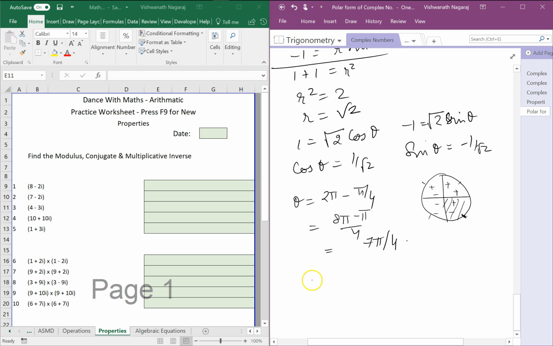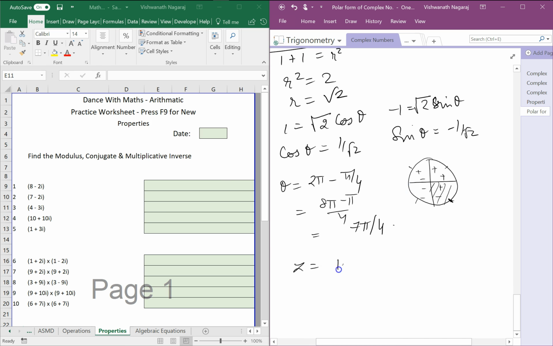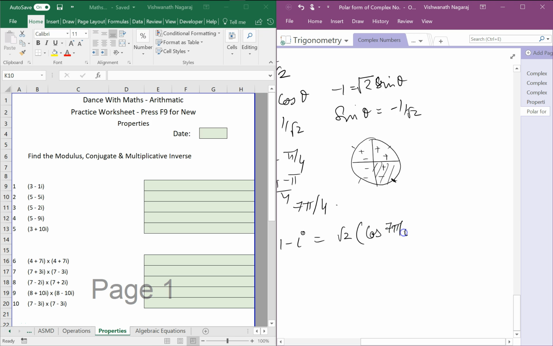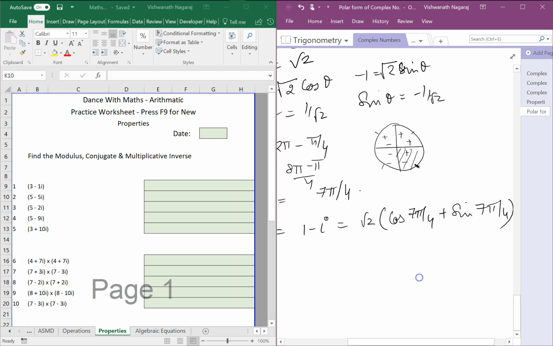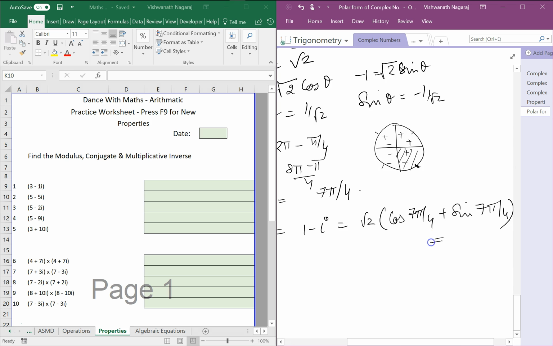So the polar form of 1 minus i is equal to r, which is √2, times cos 7π/4 plus i sin 7π/4. Don't forget the i. So that's the polar form.